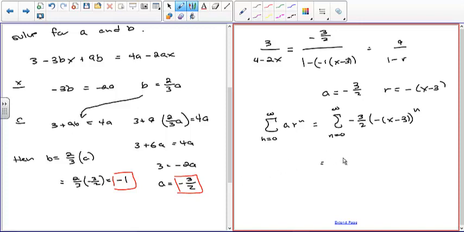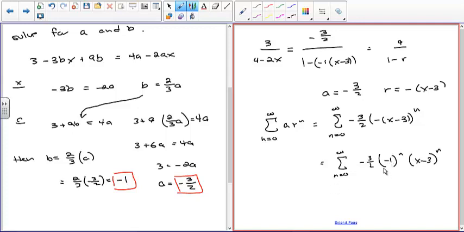Now, you might have stopped there, and I probably would be okay with that, but I'm just going to show you something. The negative 3/2 stays the same, but we'd take the negative sign here and make that negative 1 to the n times (x minus 3) to the n.